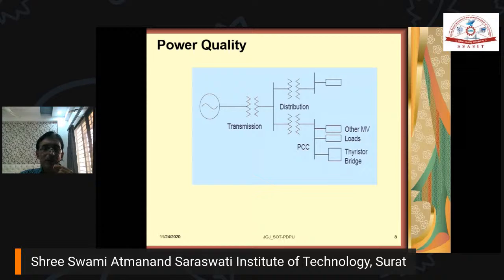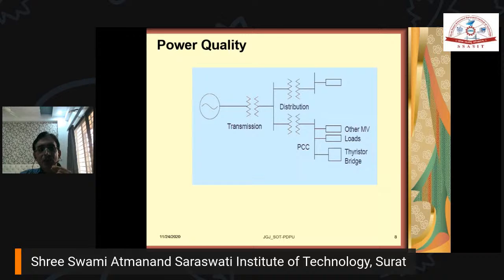The other definition: the joint from where we take the supply from the utility. That is the second definition of PCC. Finally, PCC is the metering point, where the meters are placed by the utility.